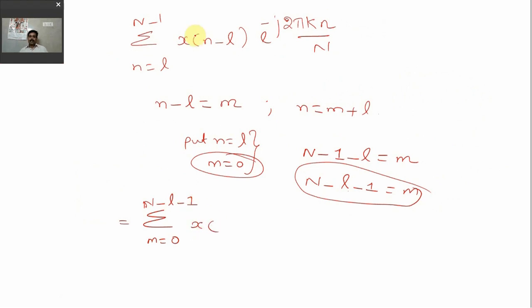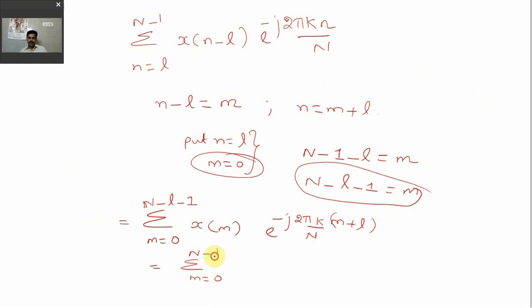x of, instead of n minus L you are putting m, of e to the power minus j 2 pi k by n into, in the place of n you are putting m plus L. Okay, m plus L. Now we are splitting the e to the power term.